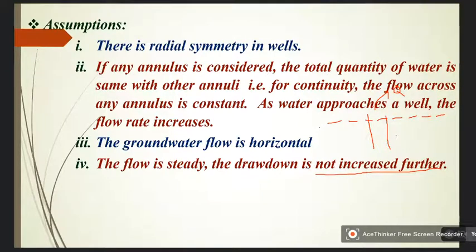When you start pumping out, gradually the water level will reduce, and ultimately it will reach a particular equilibrium level. So when Q is maintained constant, there will not be any further change in this drawdown. There will be an initial commencement of the drawdown, and once it attains an equilibrium stage, it will be fixed there. That means this is a steady state situation.